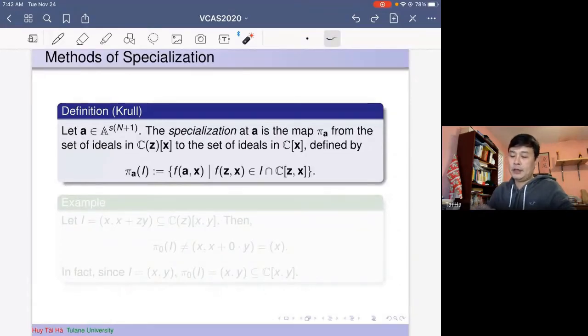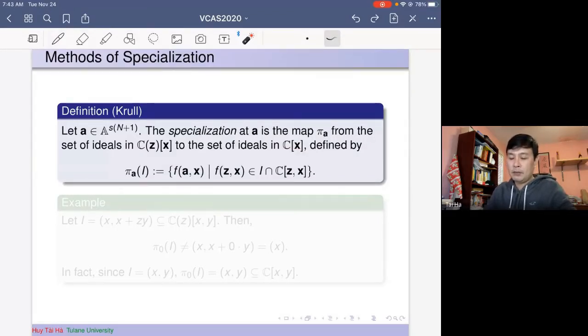Krull defines a specialization with respect to a parameter A inside a parameter space to be a map, which we denote by pi of A, from the set of ideals inside the polynomial ring with coefficients being this extended field to the set of ideals inside the polynomial ring with coefficients being the complex numbers.